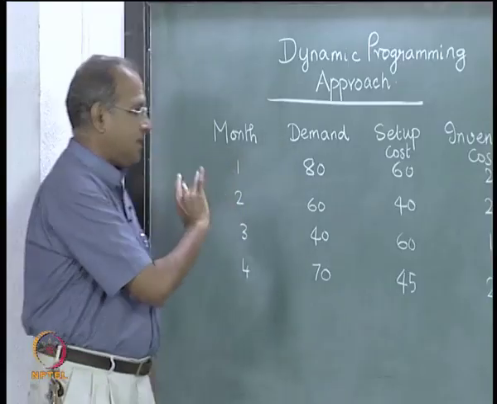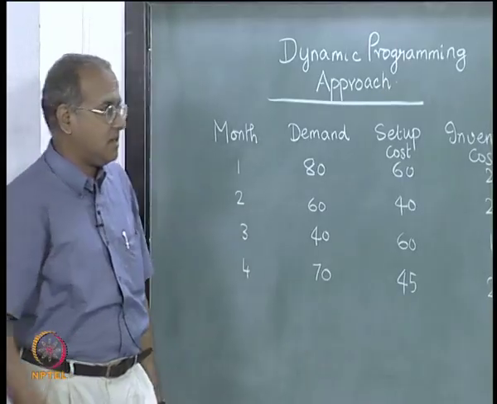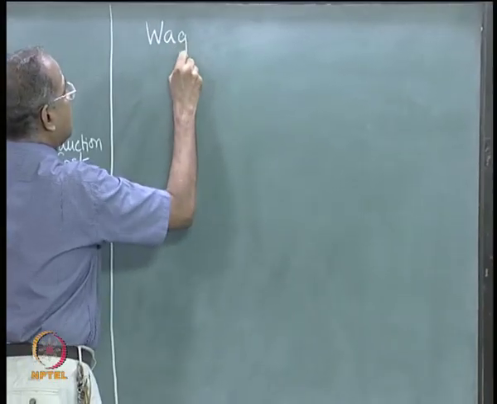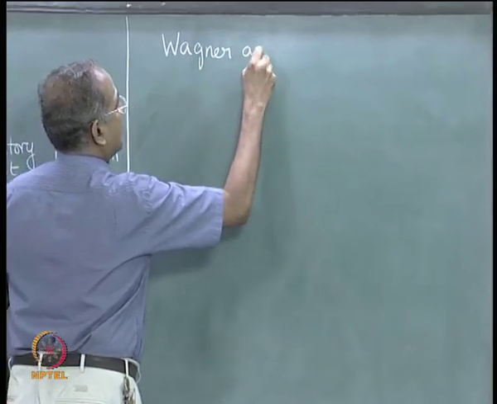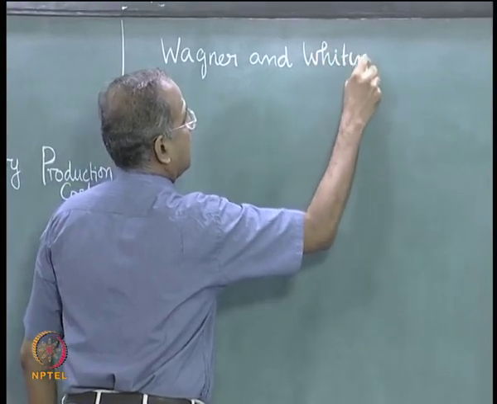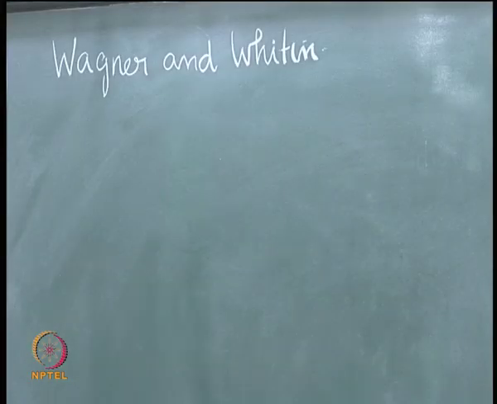One of the most interesting simplifications to the dynamic programming solution came from Wagner and Whitin, and it is called the Wagner-Whitin algorithm, which uses dynamic programming to solve this particular problem.